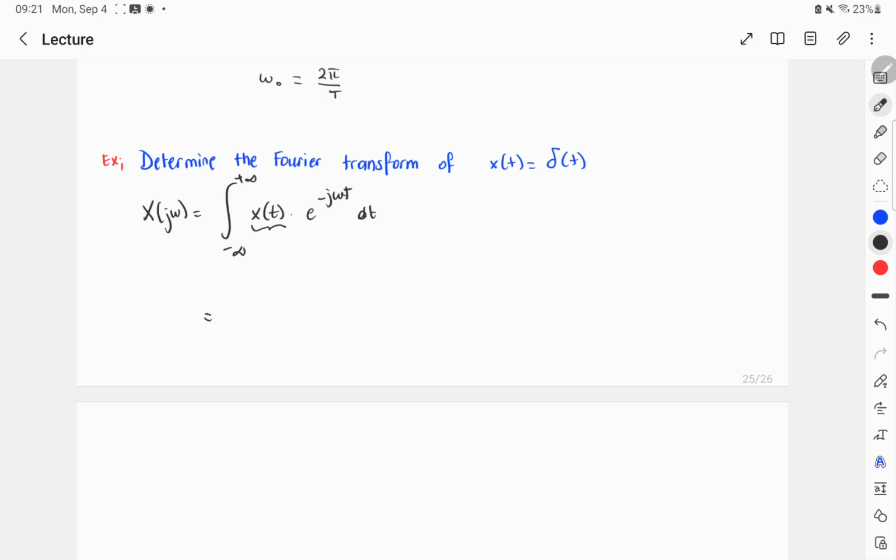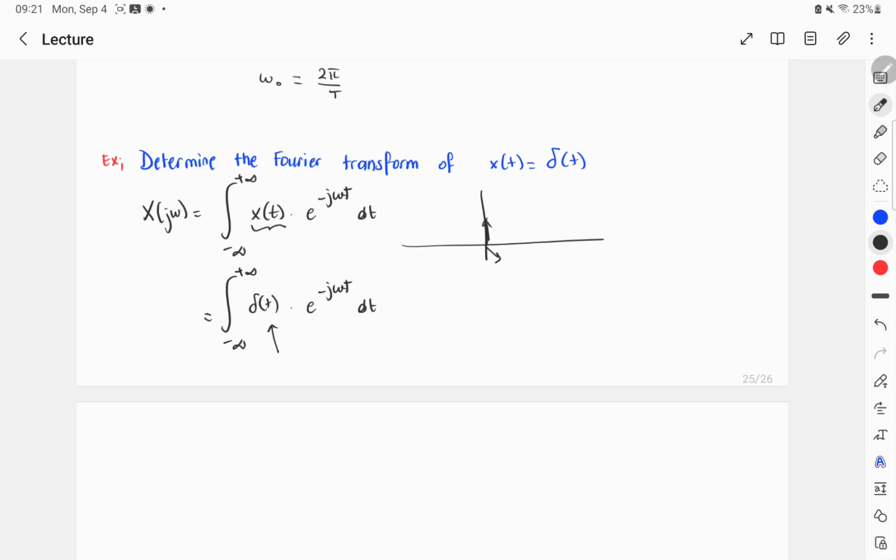So it will be like this. Now, have you noticed something? The delta function is not 0 at the point where t equals 0, where the delta function equals 1, right?